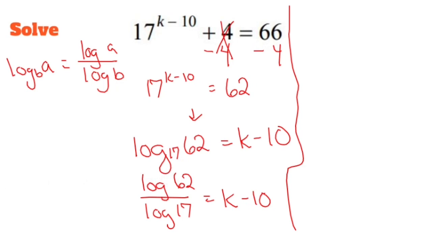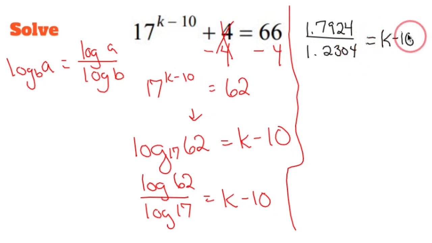I have no idea. All right, log 62 is 1.79239, so I'll make that 4. Log base 17, according to the internet, is 1.23044, and that's still going to equal k minus 10.